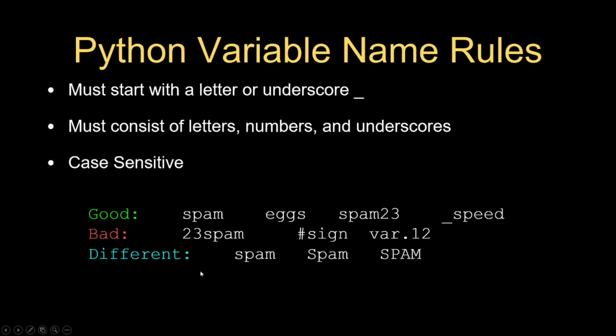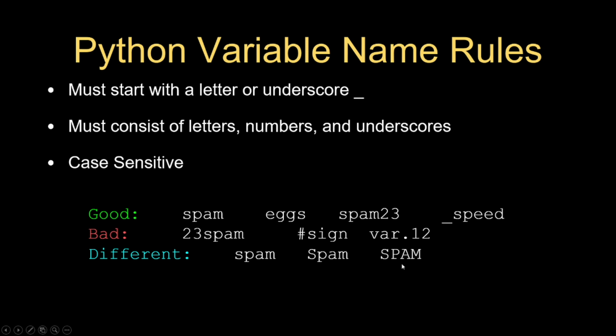Now, here, these are considered valid, but these are treated differently in Python since these have different cases. The variable name spam differs from Spam with a capital S, or all capitals.